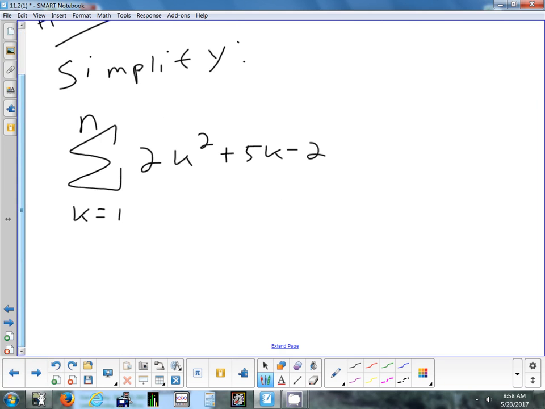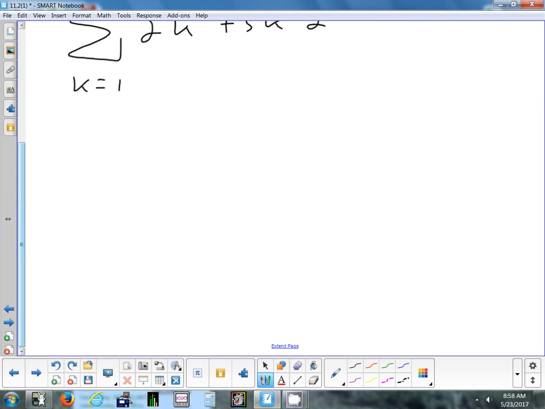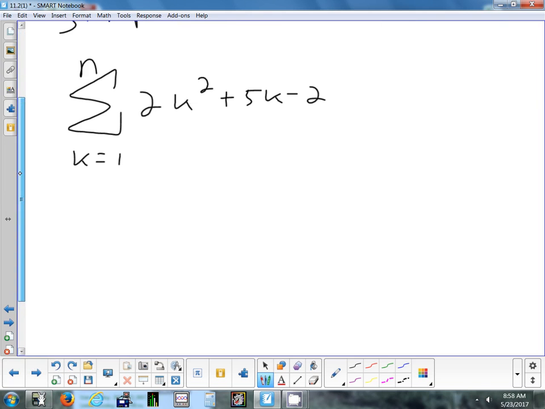Let's just, I don't want to go through the whole thing on this one because some of the distributing and multiplying takes a while. Let's just split it up and get to the point where you substitute in the right formula. How many sigmas is that going to break up into? 3. It's going to be k equals 1 to n, plus another one, and then the last one is going to be minus.